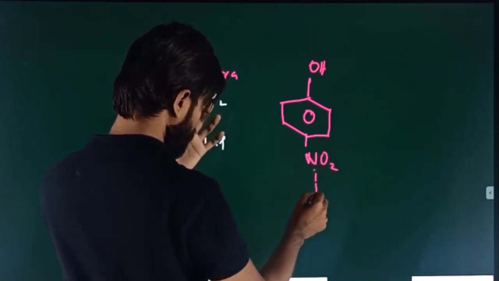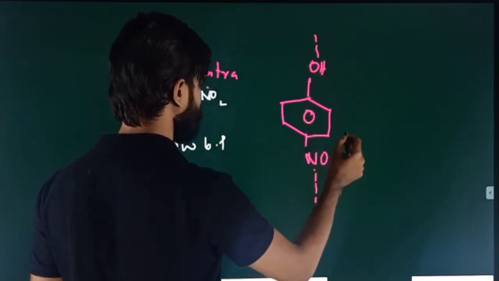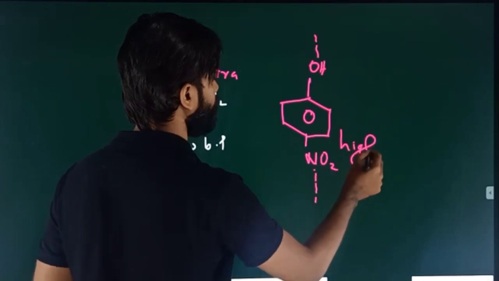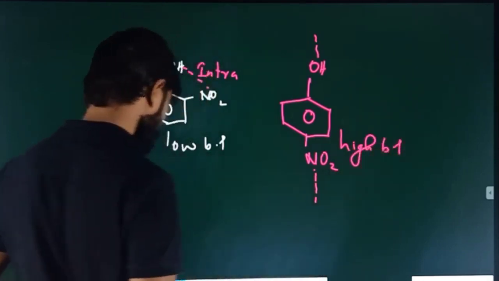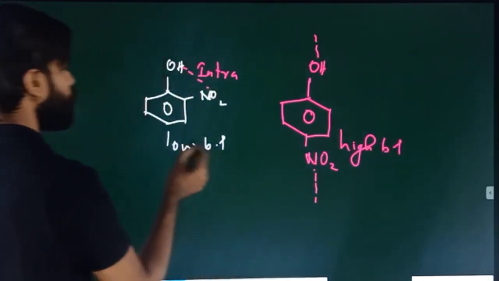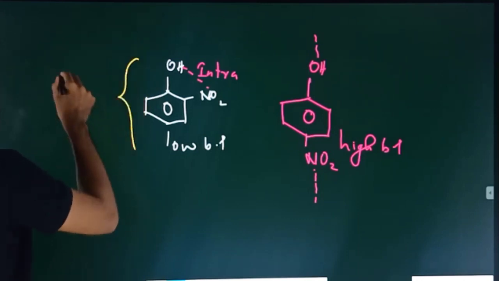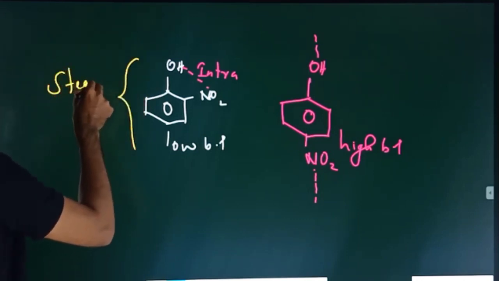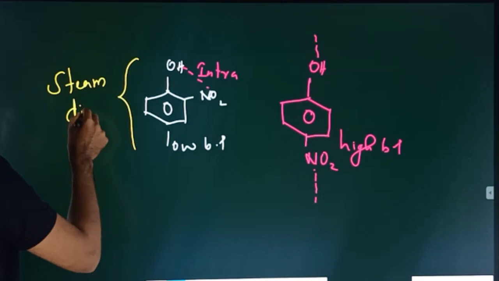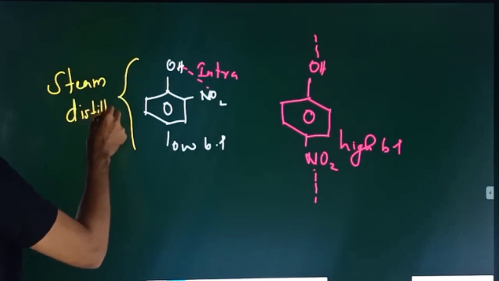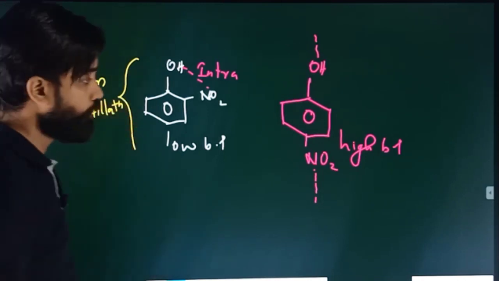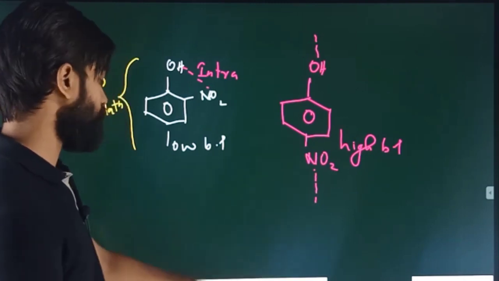The hydrogen bonding is between another molecule, so high association, high boiling point. So orthonitrophenol is steam volatile. This mixture can be separated by steam distillation, since there exist two different types of hydrogen bonding, so their boiling points are different.